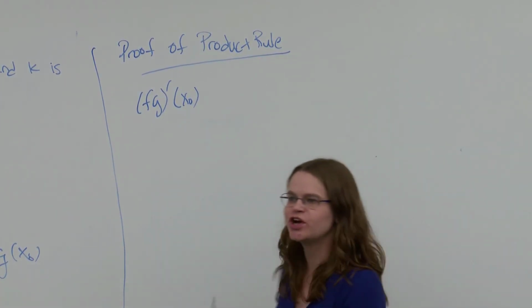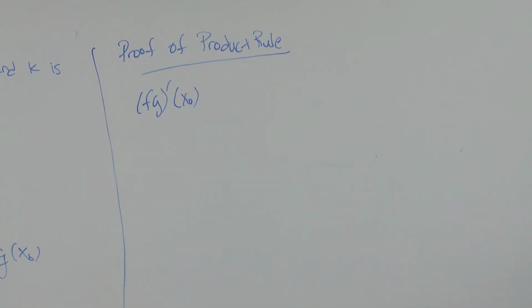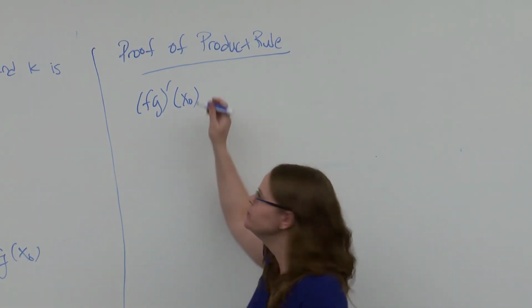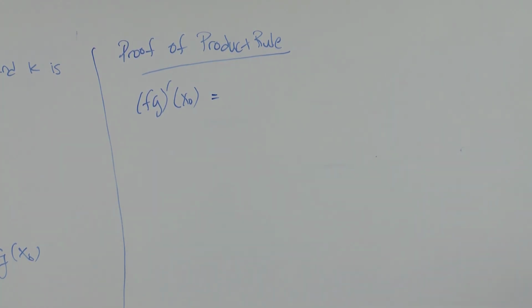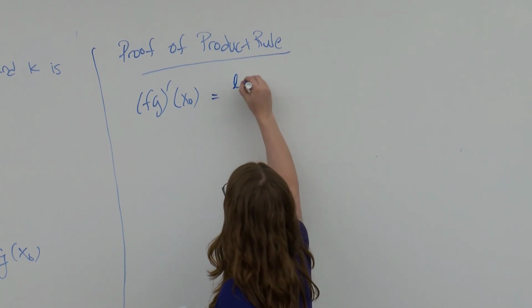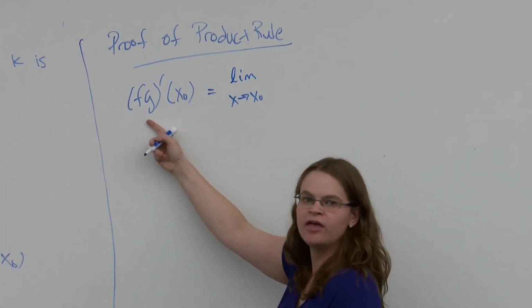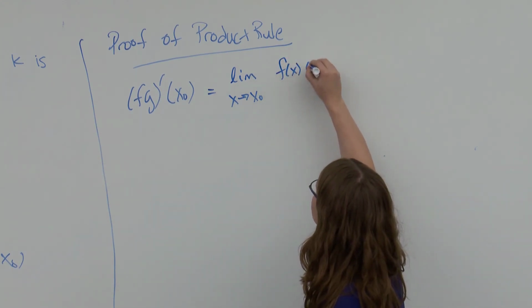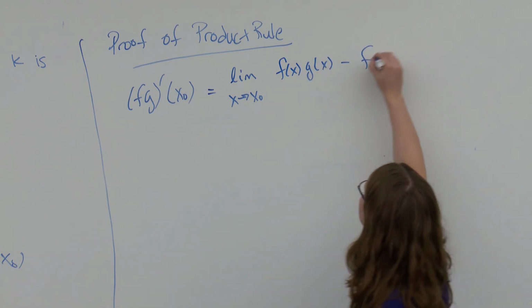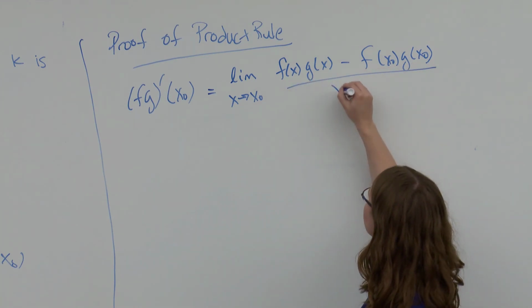Of course, if f and g are complicated functions, then f times g becomes even more complicated, and you probably don't want to do this limit from scratch. But we're going to do it from scratch once, and then hopefully never have to do it from scratch again. So we want the limit as x goes to x naught of this whole function evaluated at x, so f of x times g of x, minus the whole function evaluated at x naught, divided by x minus x naught.